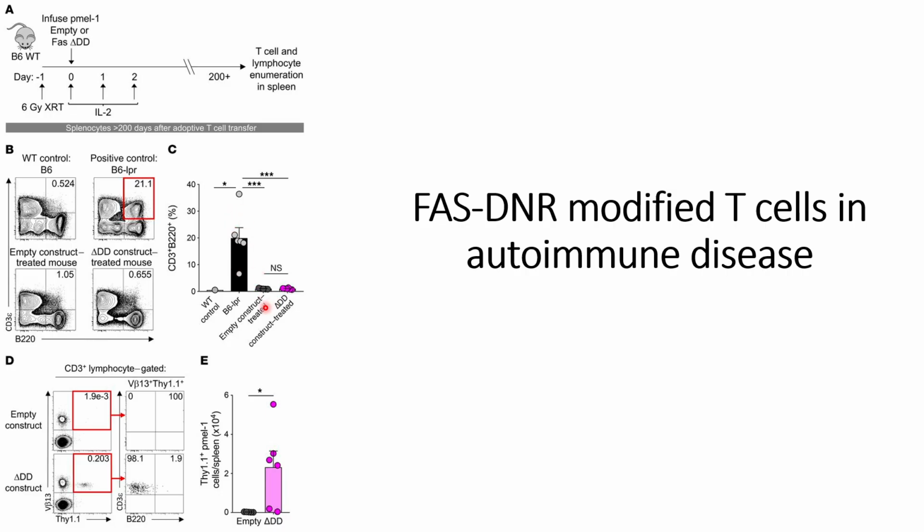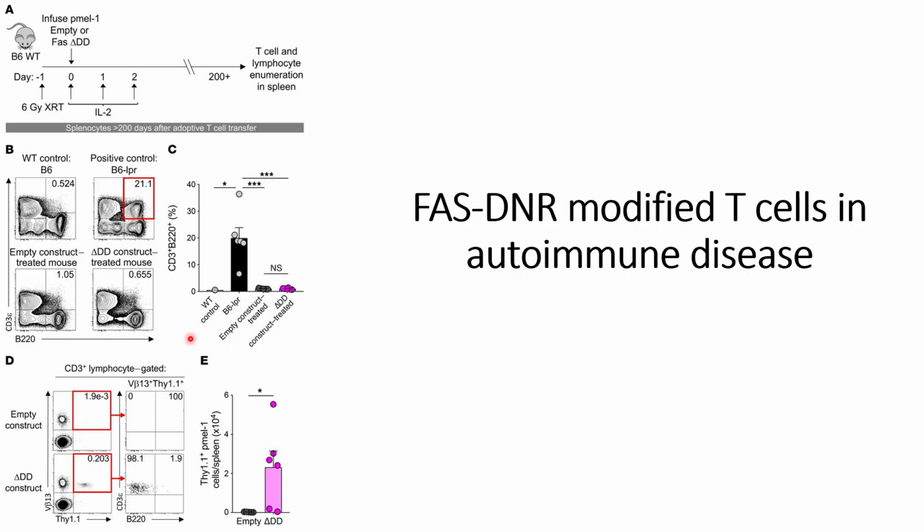And for the empty construct treated mice, they do not see any significant increase in the populations. And for the case where the CAR construct does not have the FAS intercellular signaling domain, it also does not show any significant increase in the CD3 plus and B220 plus positive populations.